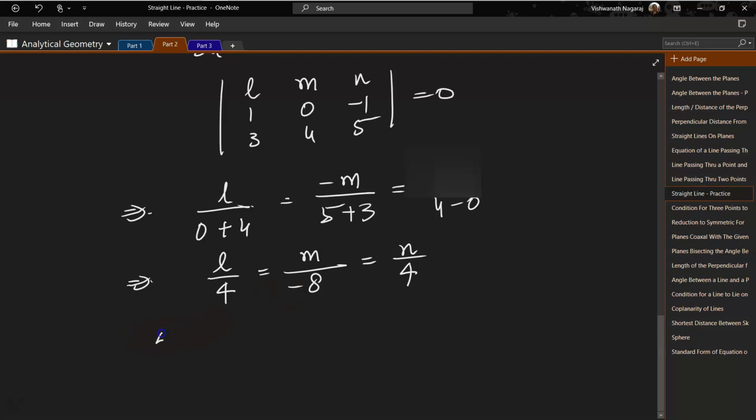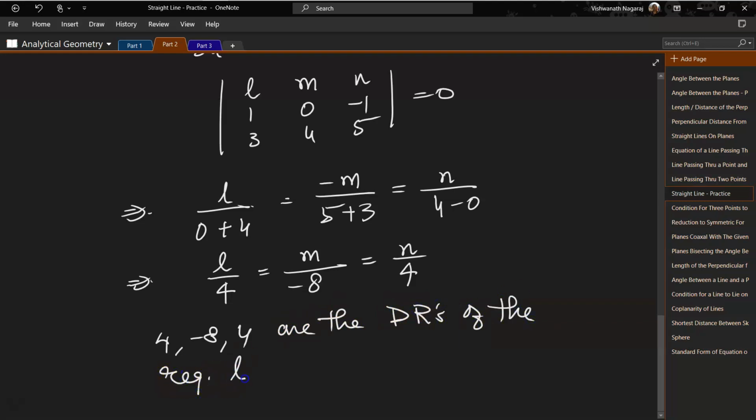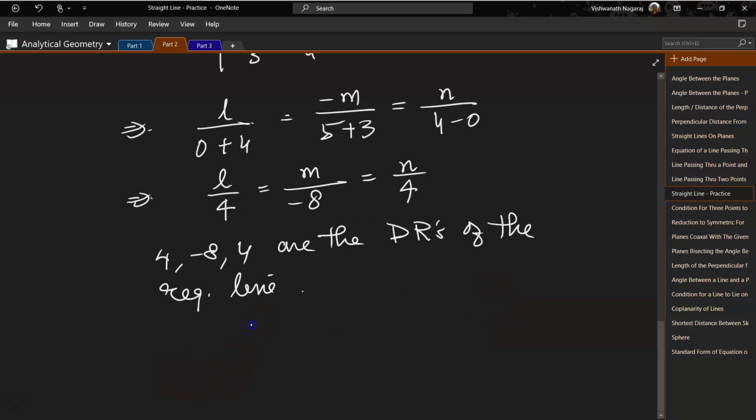So 4, minus 8, 4 are the direction ratios of the required line.